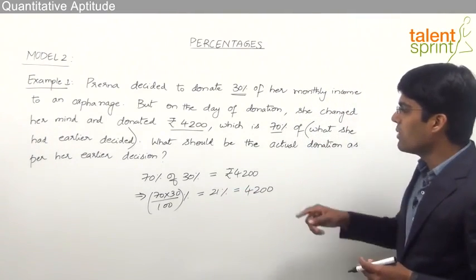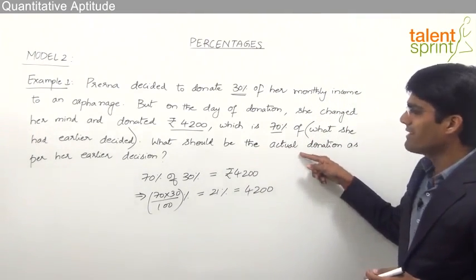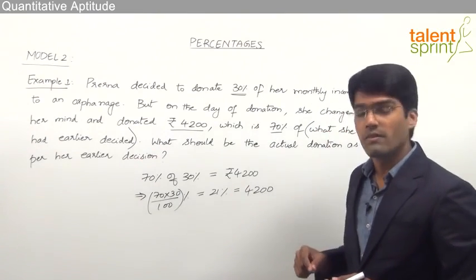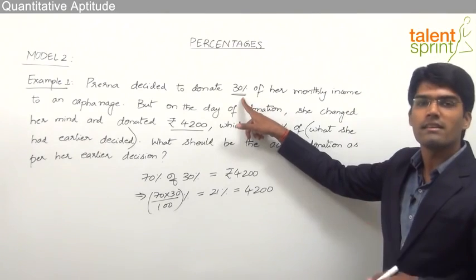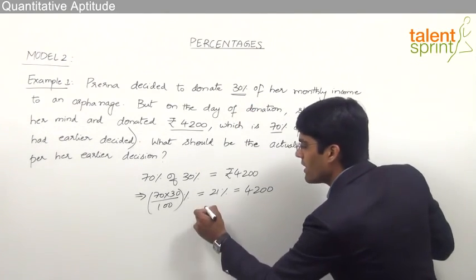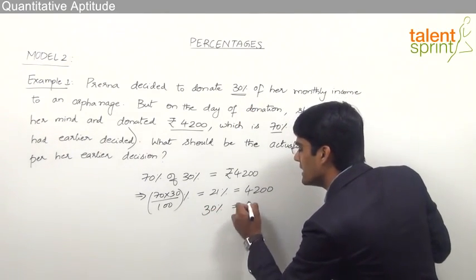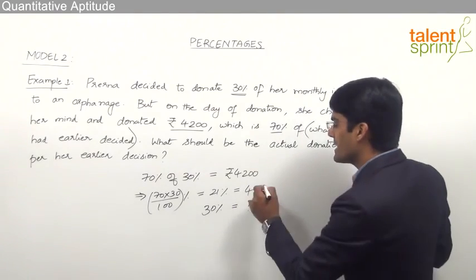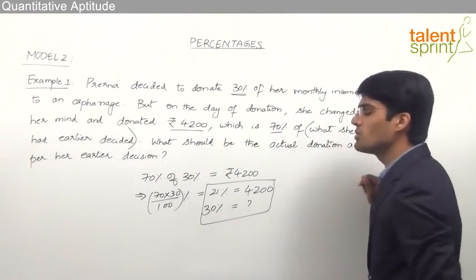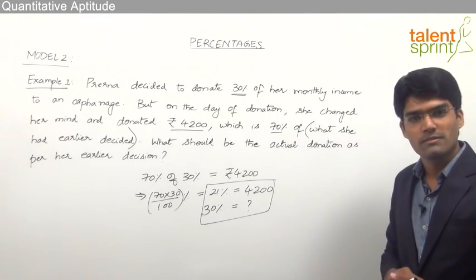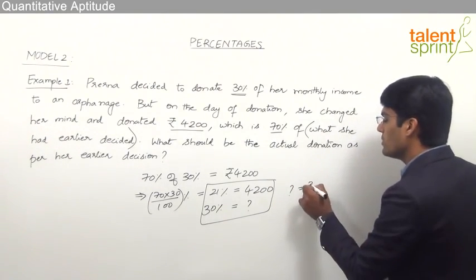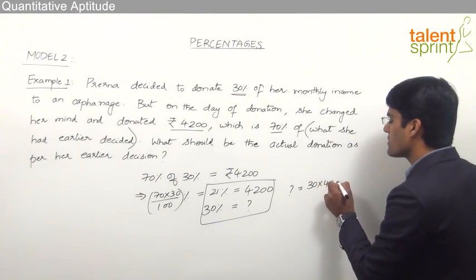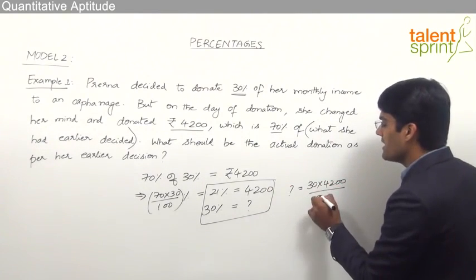And we are supposed to find out what should be the actual donation as per our earlier decision. We very well know that the actual donation has to be 30% because that was our earlier decision. So we are supposed to find out 30% is equivalent to what? So we know that 21% is 4,200, 30% should be what? So again, by cross multiplication, we can say that this should be equal to 30 into 4,200 divided by 21.